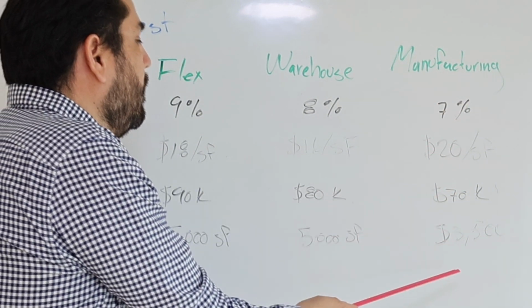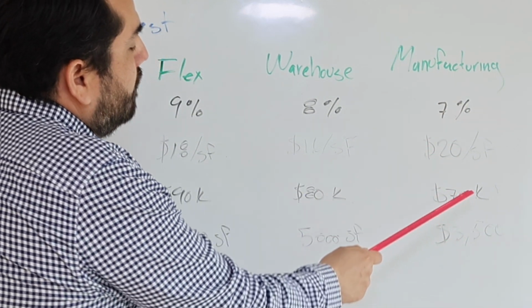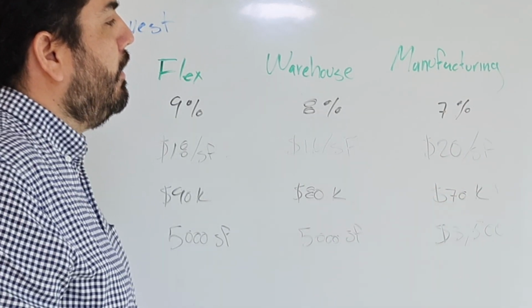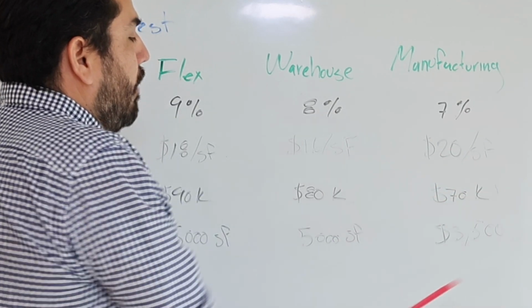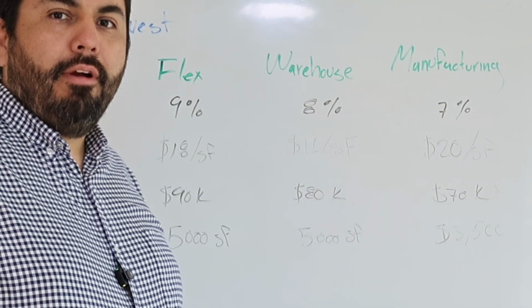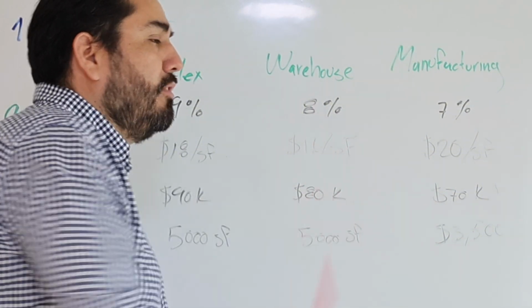And lastly, on the manufacturing, we divide 70,000 by $20 per square foot, and we get 3,500 square feet we can buy in the manufacturing space.